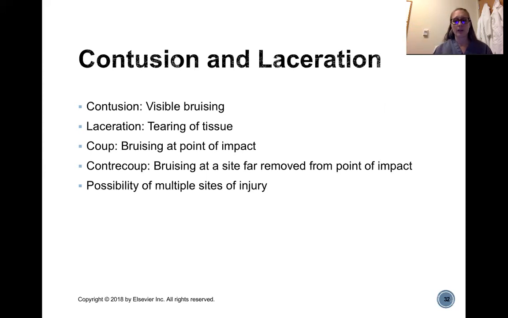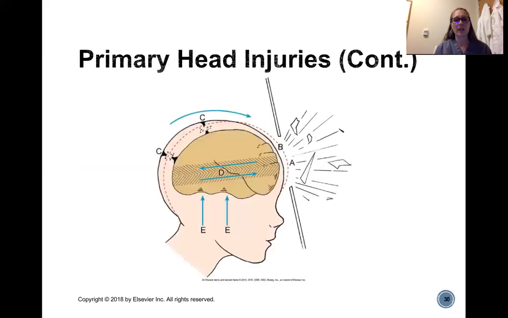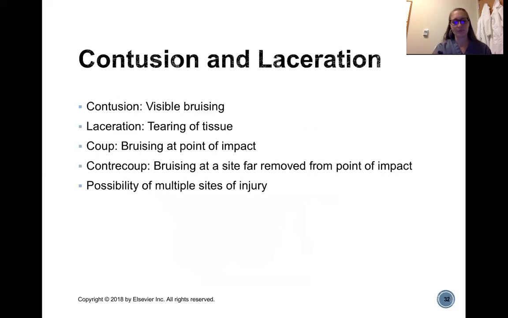So like we looked at this picture back here, we could have multiple sites of injury, even though we're just hitting, for instance, this looks like a potential windshield hit. So our site of injury isn't going to be localized to just where the point of impact is.